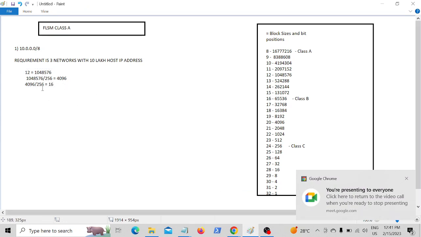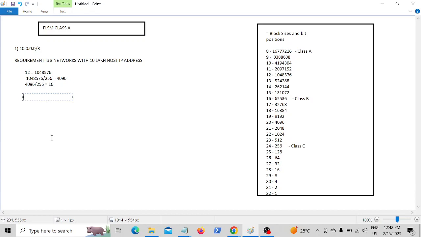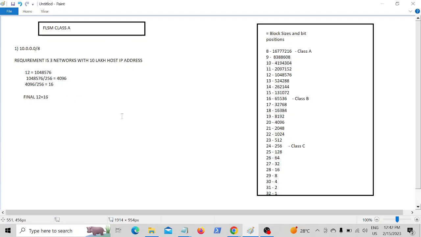So the final answer is: 12 is the bit position and 16 is the block size.